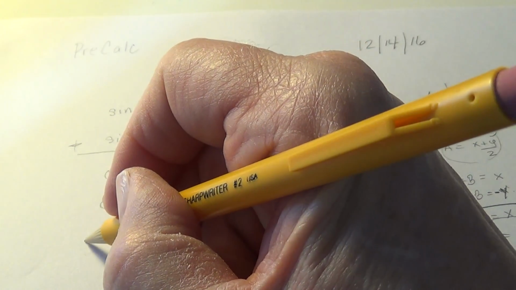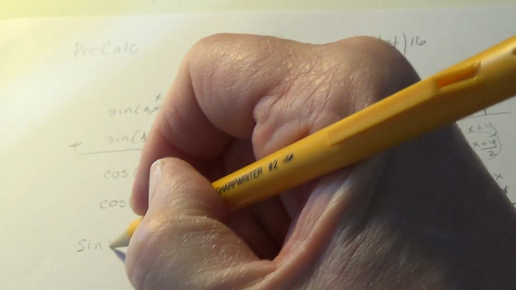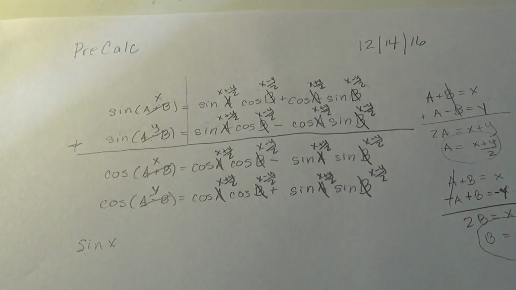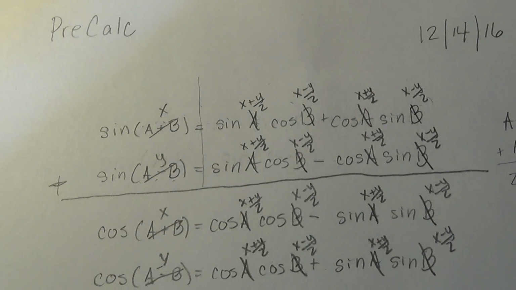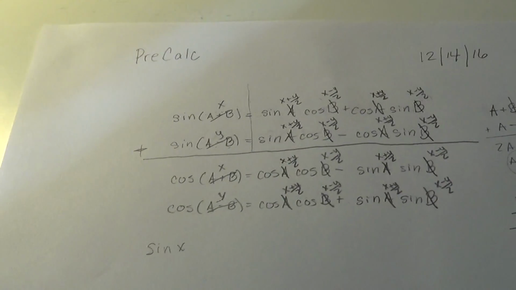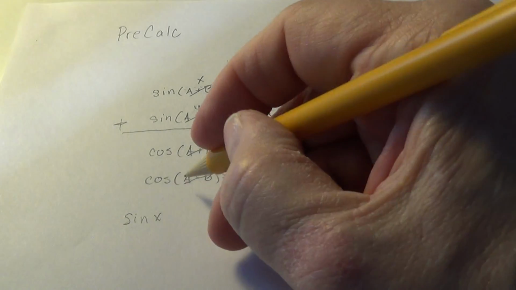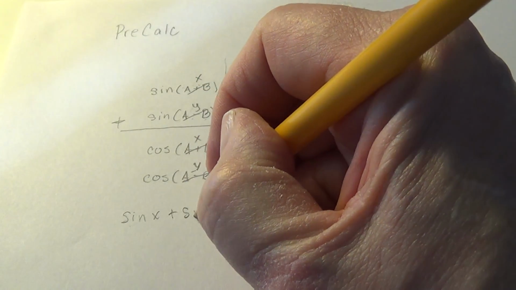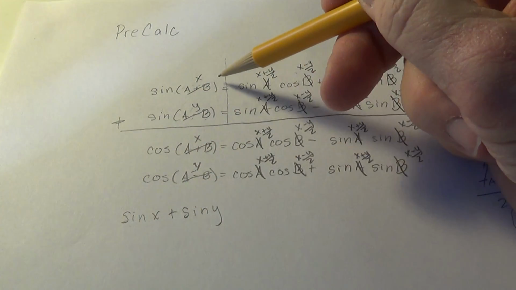So on the left, I'm going to get sine of x, remember, we've replaced that a plus b with an x, plus sine of y. That's what I get on the left side.